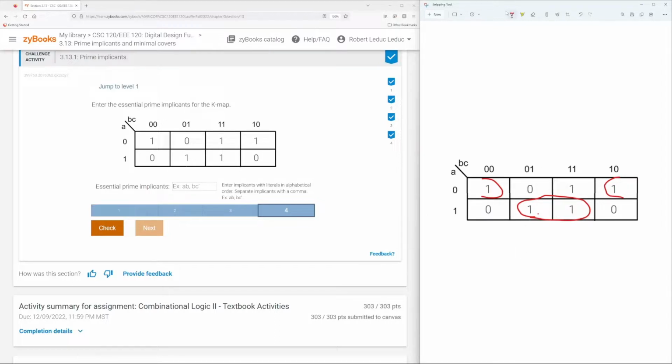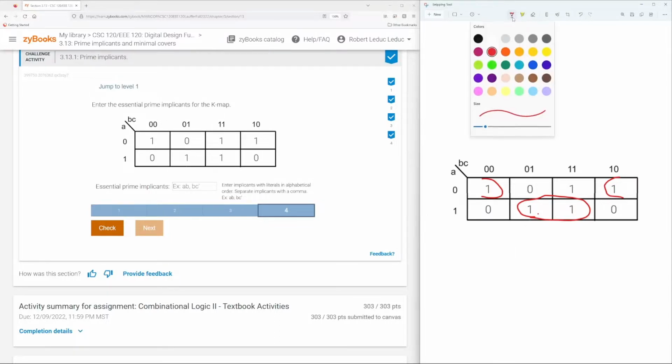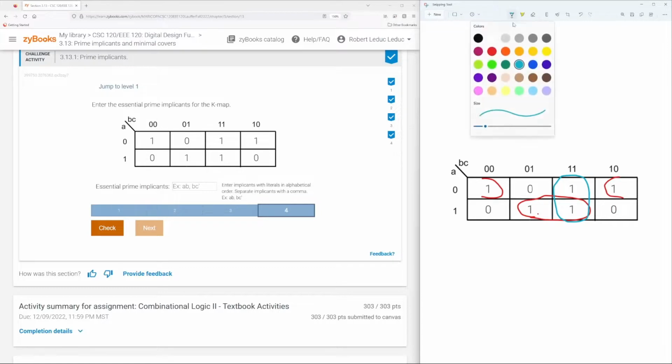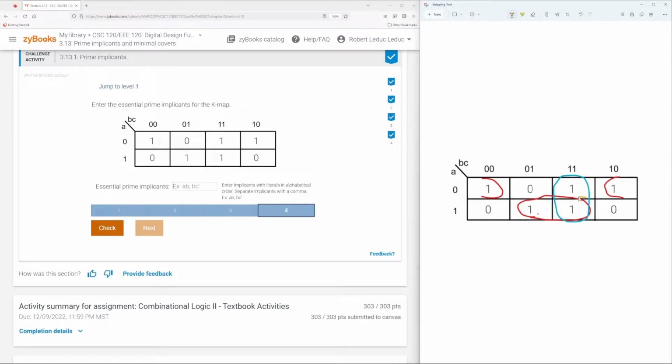Now, there is an additional prime implicant here. We have this, and we have another prime implicant right over here. These are all largest circles that cover these two minterms.